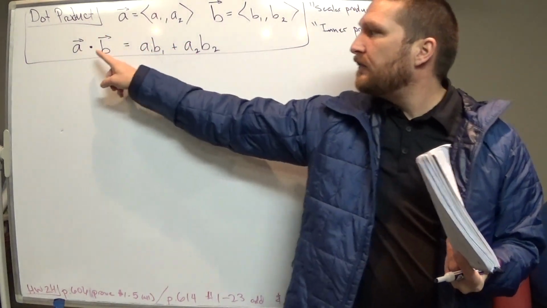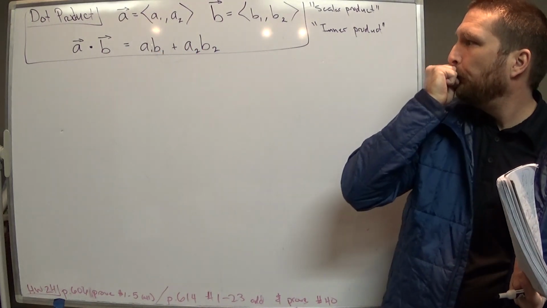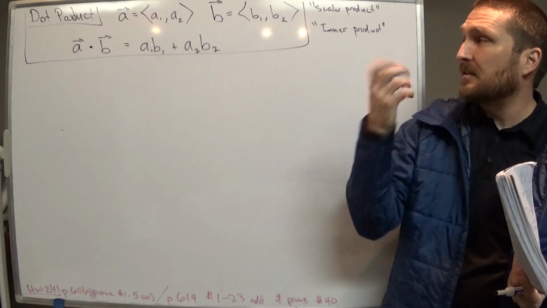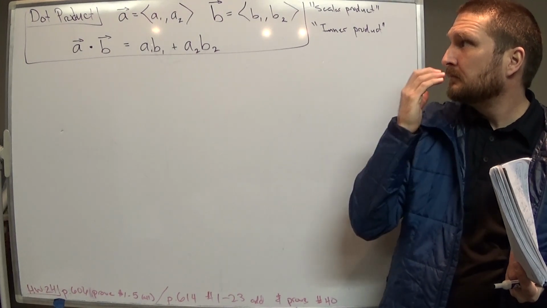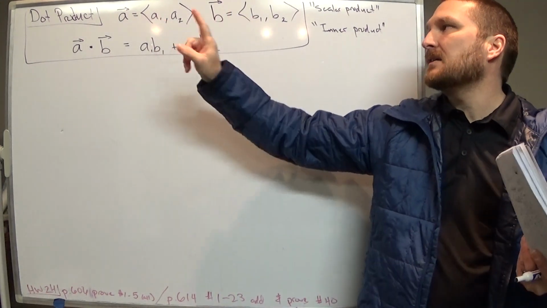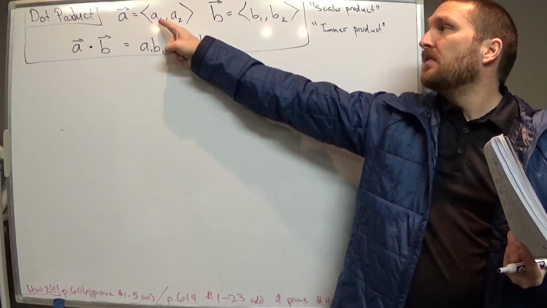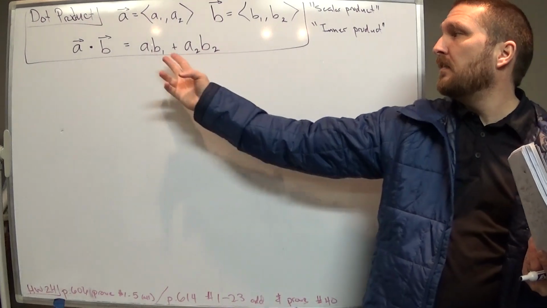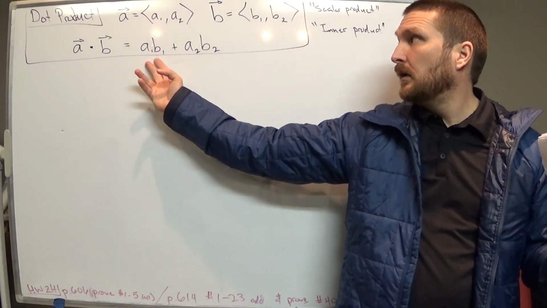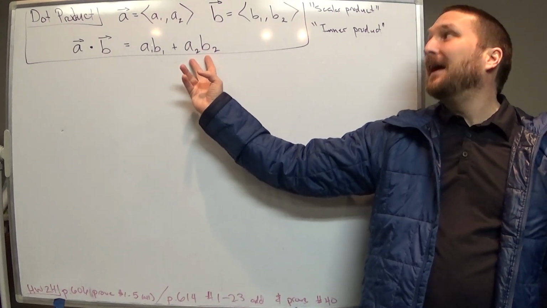We've taken two vectors. What sort of thing is this? Is it a vector? No. What sort of thing? And in our class, I said that these are always what types of numbers? Real numbers. That's a real number, and that's a real number, and therefore A times B is a real number.